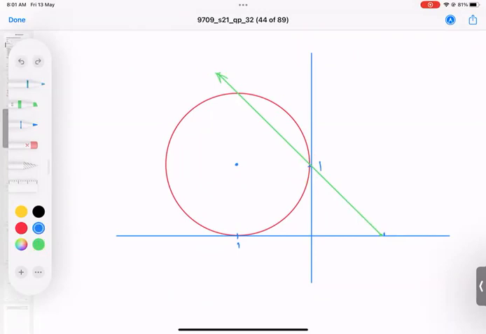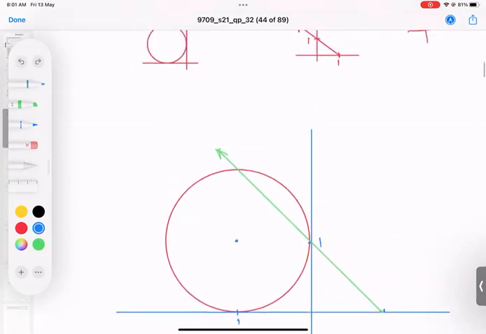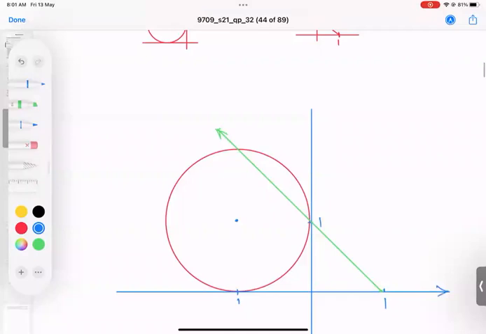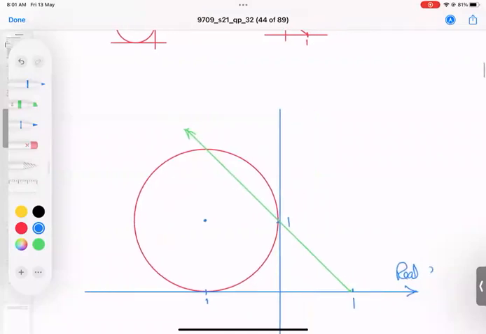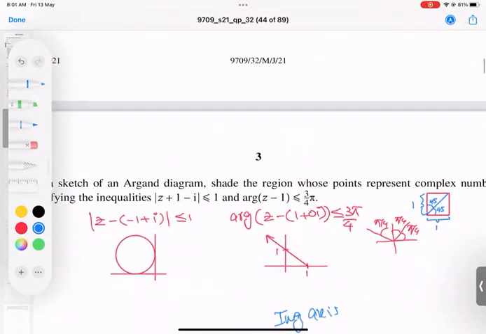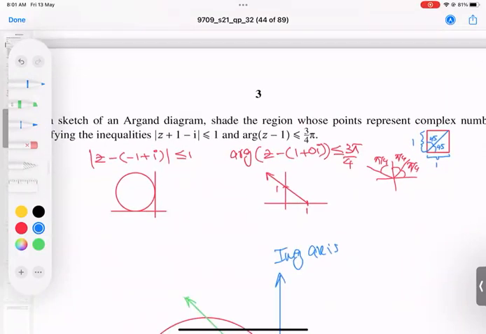And second, where is the shaded region? There's a 1, and label it real axis, and this is called imaginary axis. Okay, this is done. And what is the shaded part? Come back. This is called less than 1.